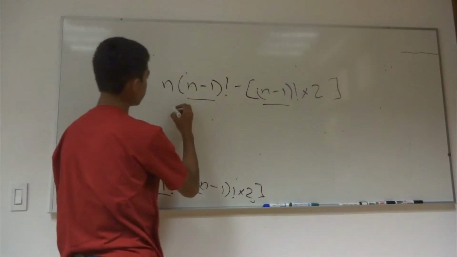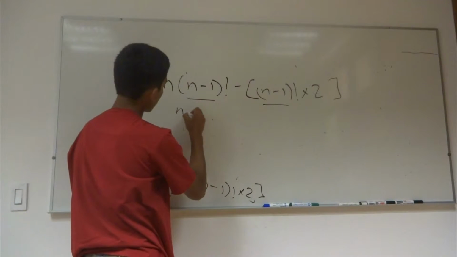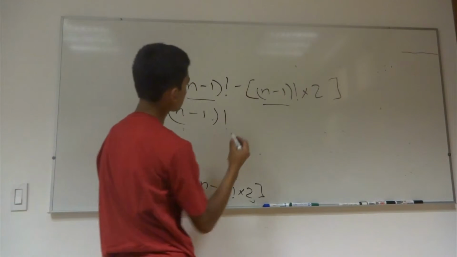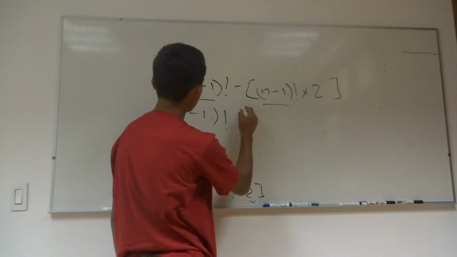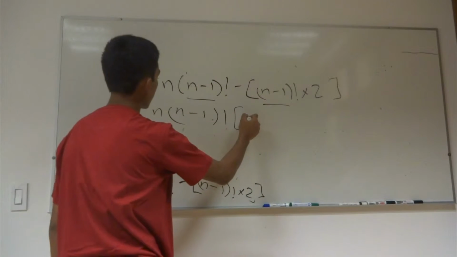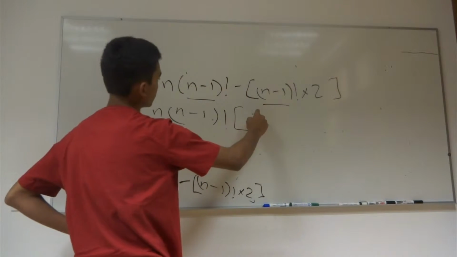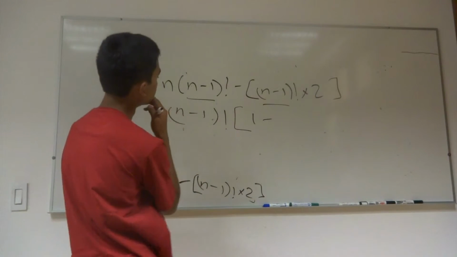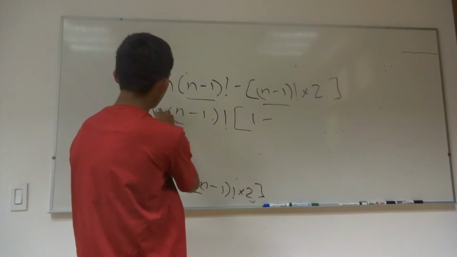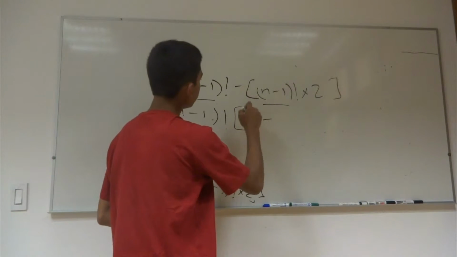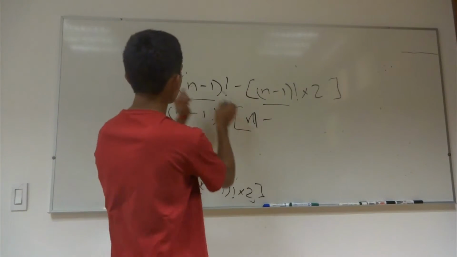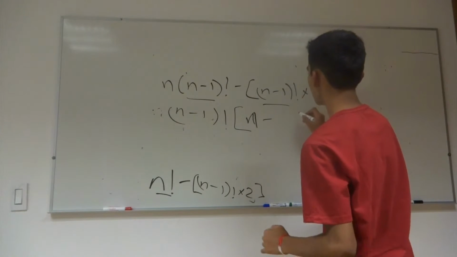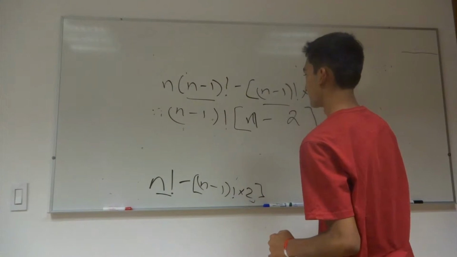Basically what you can do would be take n minus 1 factorial as common and multiply this by, put n inside, because n minus 1 factorial times n would give you this, minus n minus 1 factorial times 2 would give you this.